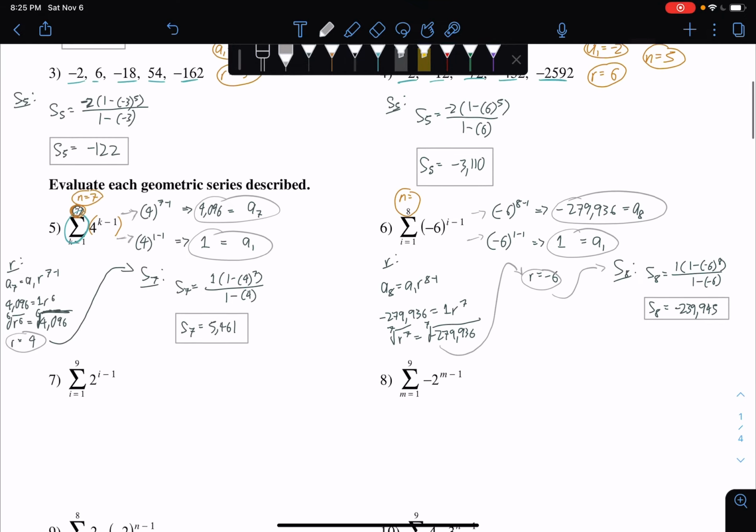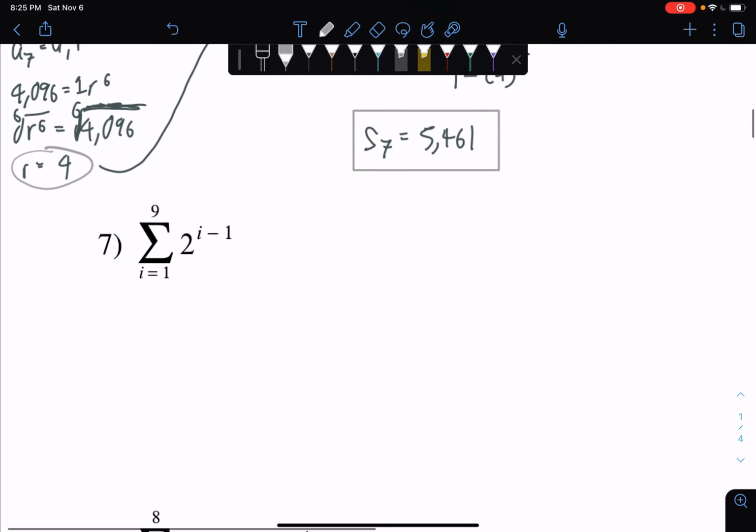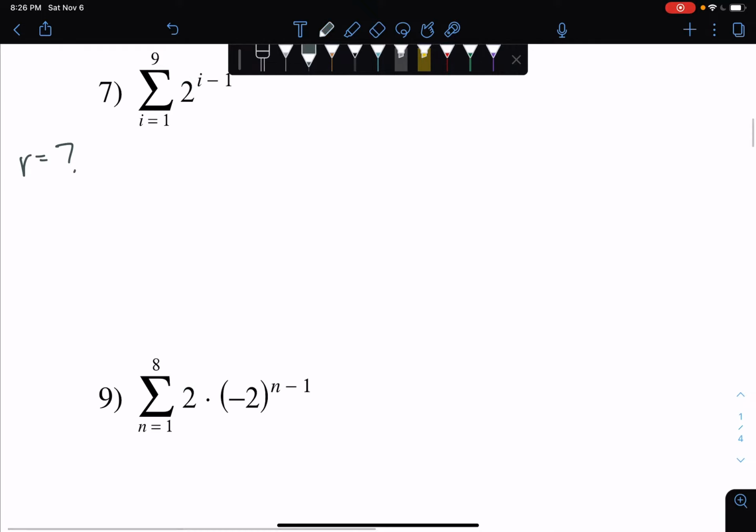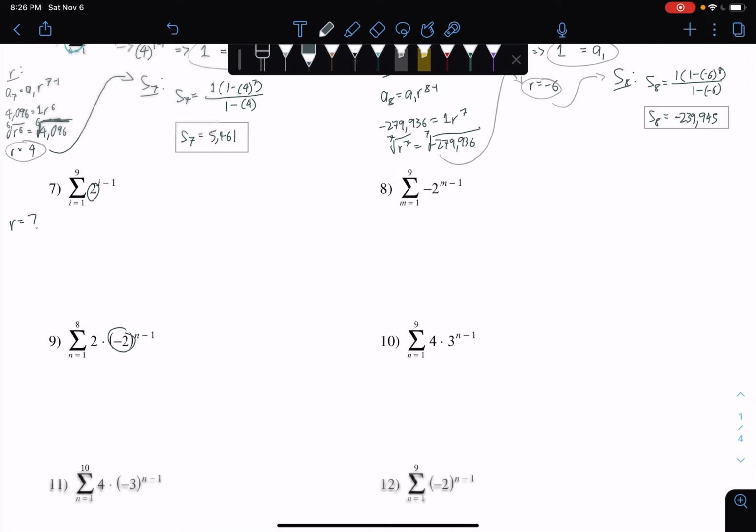Alright, let's move to number 7. Now we'll be using the shortcut way. This is not according to my solutions before making this video, but I think I have to freestyle. We won't be using the traditional anymore. Basically, if we're given this kind of problem, how do we find r? Well, with any number that's labeled here, the number at the right side.